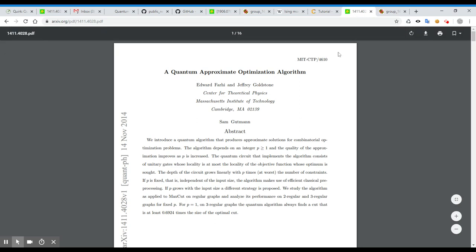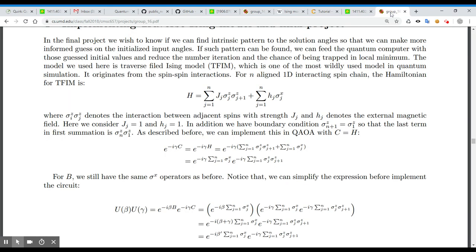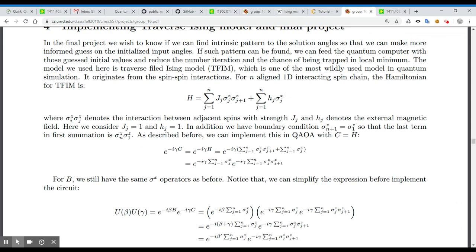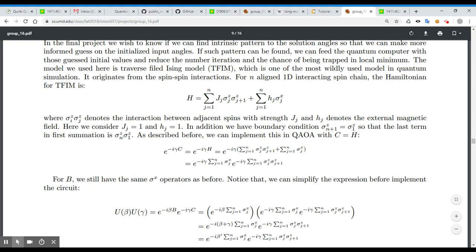And here you've got, is it sigma? I think this is Z, and then X. So these two denote the interaction between adjacent spins with strength J, and then H sub J denotes the external magnetic field.